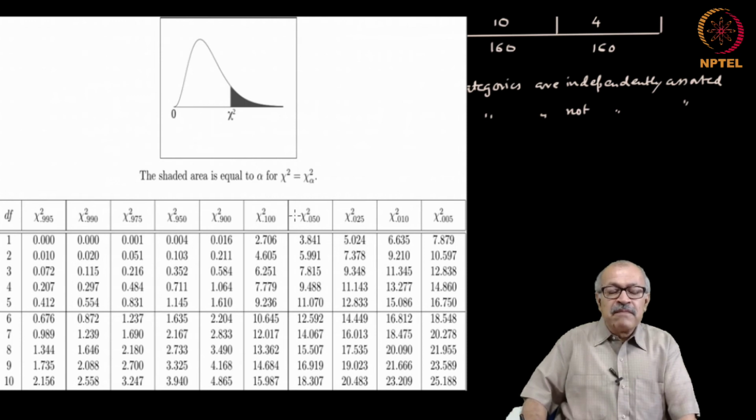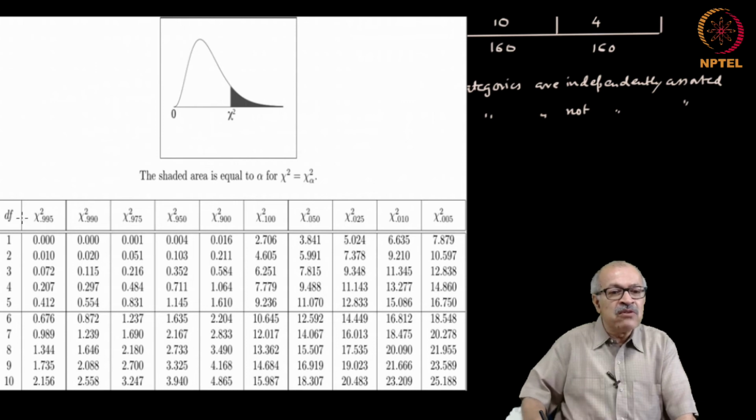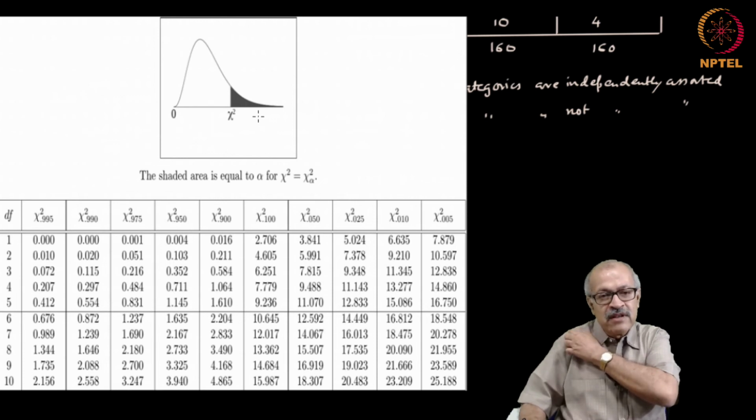For example, we are now looking for the significance level of 0.05, which is chi-square subscript 0.05. It is this column that we are looking for, and a row corresponding to the degree of freedom of 3. So, this row and this column, and here we have 7.815. So, the chi-square value is 7.815, beyond which the area is 5% of the total area, that means 0.05 significance level.